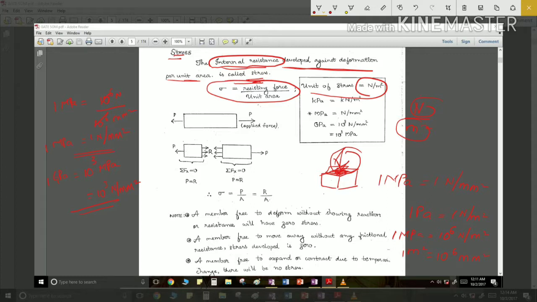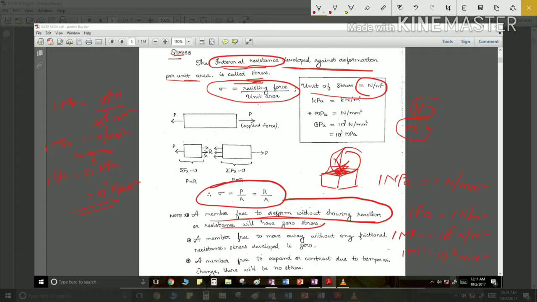So the definition of stress is resisting force per unit area, and it is mathematically defined as sigma is equal to P by A. Some of the important notes here: a member free to deform without showing reaction or resistance will have zero stress, because there is no internal resistance, because it is free to deform.